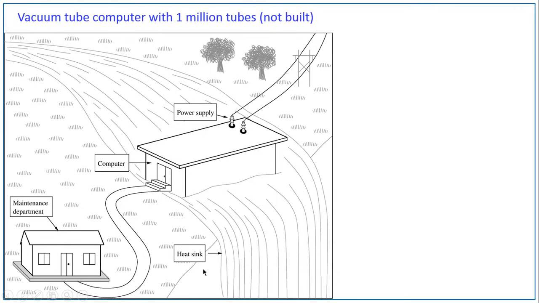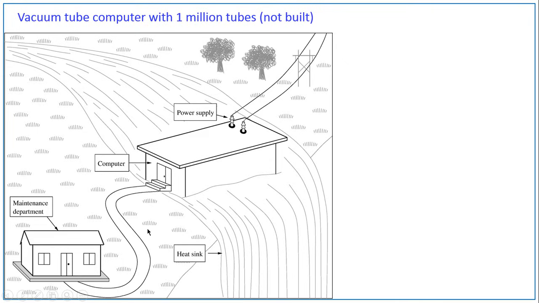Third, such a computer is going to require a massive heat sink, and the only practical way of removing such a large amount of heat is to immerse the whole computer in a waterfall so that the water keeps taking the heat away on a continuous basis.